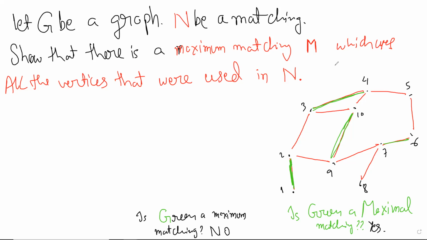In that sense, maximal is not maximum, and we have seen how to go to a maximum matching by enlarging. Is that okay? This green is not the only maximum matching, obviously there can be others. This pink is a maximum matching. Now we come to the question.